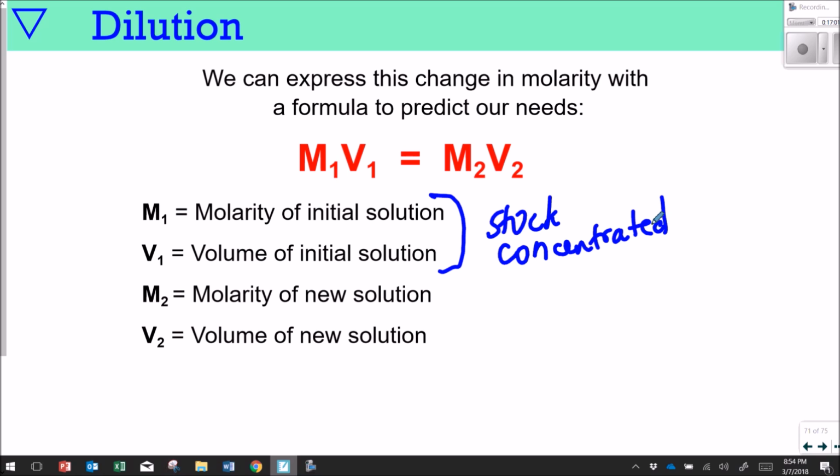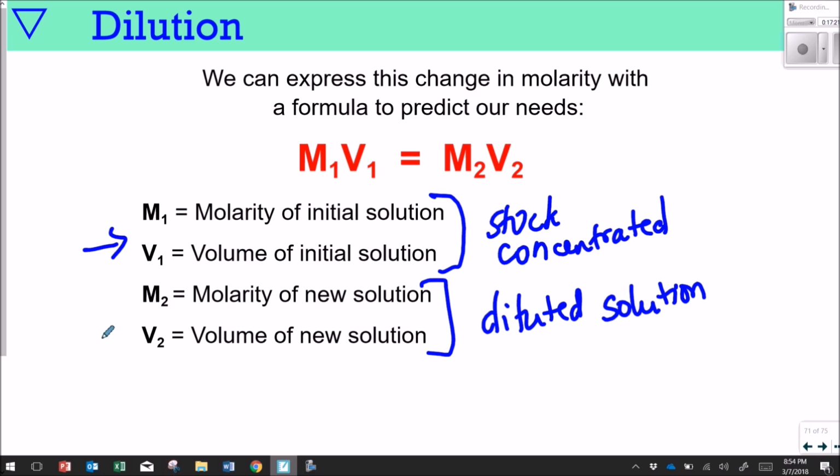M2 is the molarity of the new solution, and V2 is the volume of the new solution. So this would be the molarity and volume of your diluted solution. For the volume in this formula, as long as V1 and V2 match in units, that's fine. You don't have to use liters only.